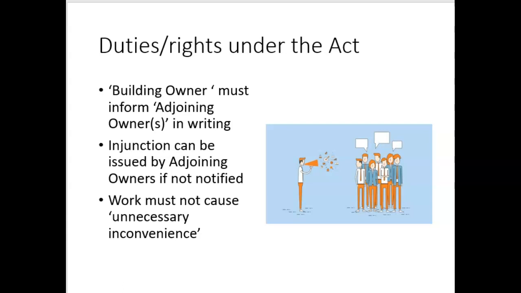And whatever they're doing, they're not allowed to cause unnecessary inconvenience. So there might be some inconvenience, because obviously if you're doing work to a wall, it's going to be noisy. But what you can't do is start work at 4 in the morning and carry on till 11 o'clock at night. It's about reasonableness, I suppose.